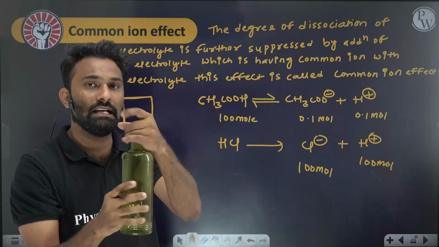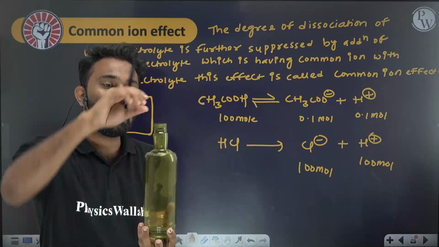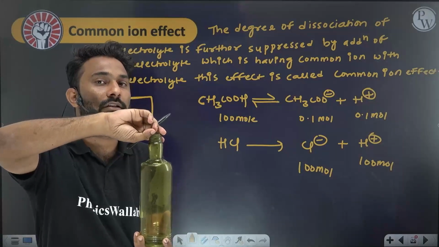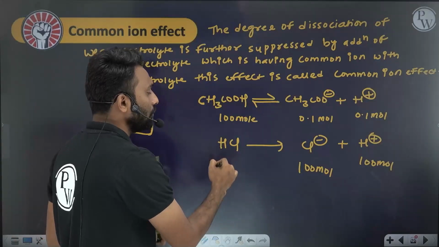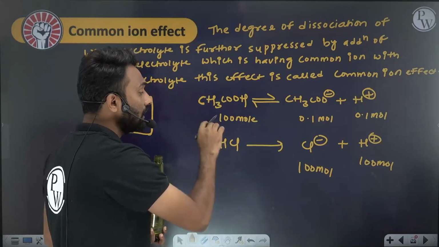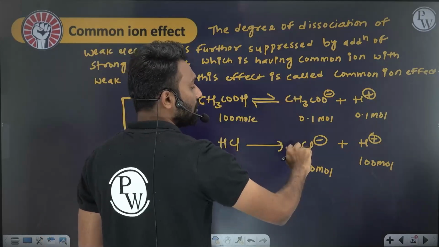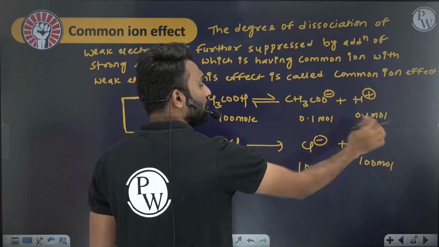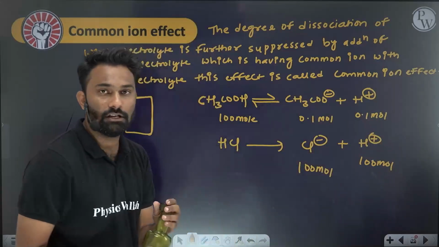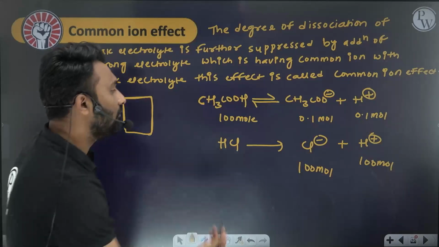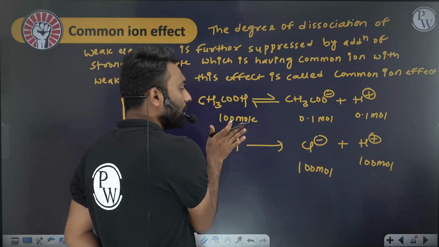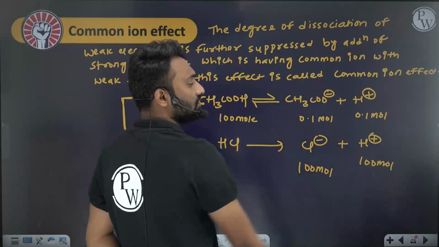I have added HCl, and HCl is a strong electrolyte, so however many moles of HCl I added, those moles of HCl will be converted into ions. Okay, now before adding, the H plus ion concentration is 0.1 mole.